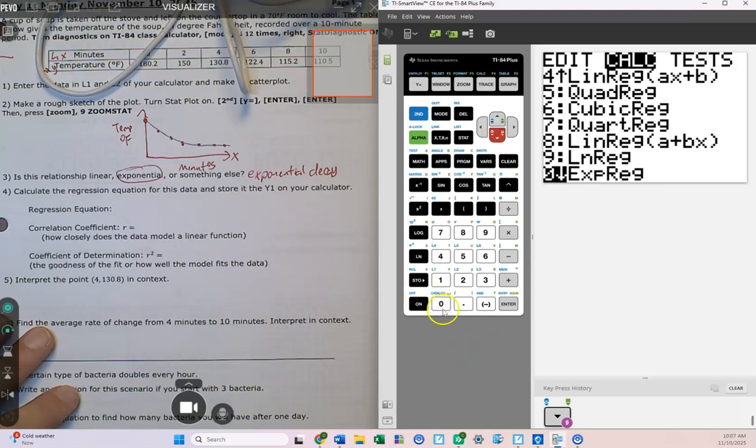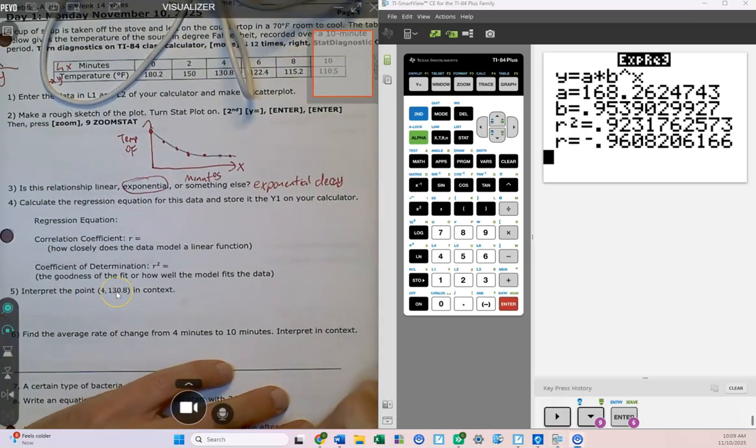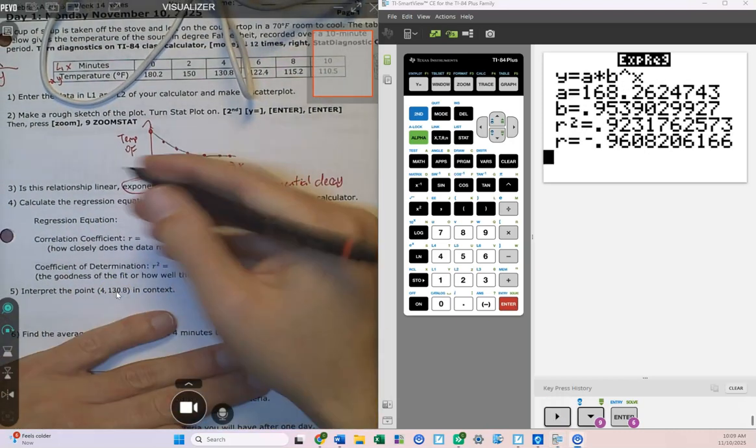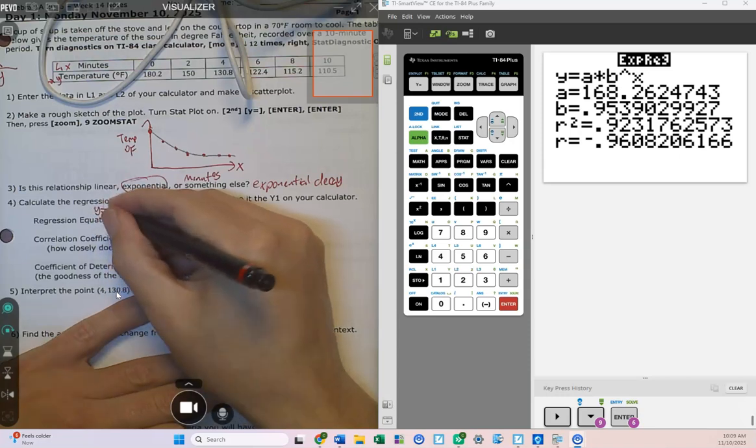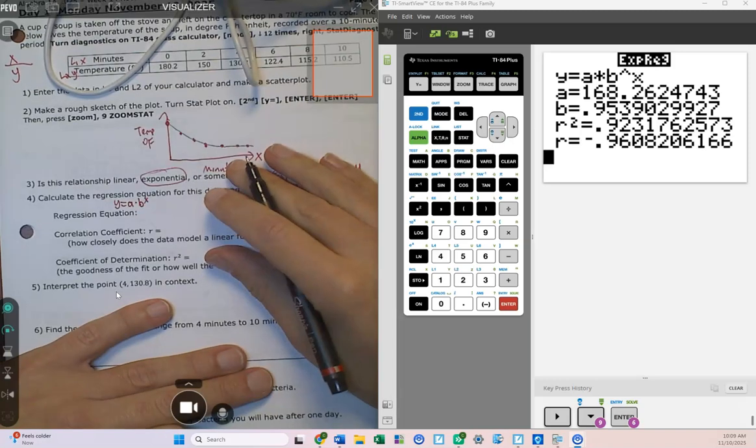And it's 0. So if you'd have pressed 0, okay, so my regression equation's in that form of y equals a times b to the x power.